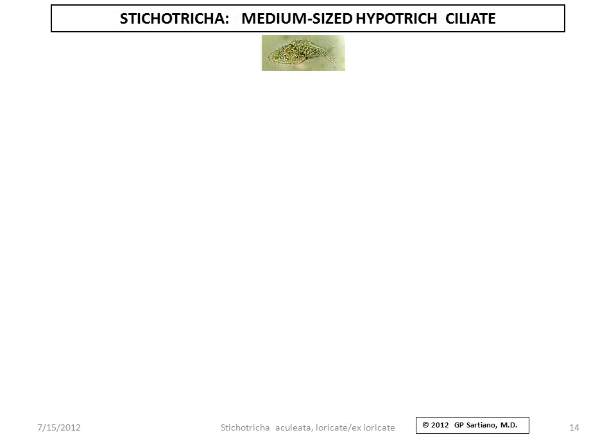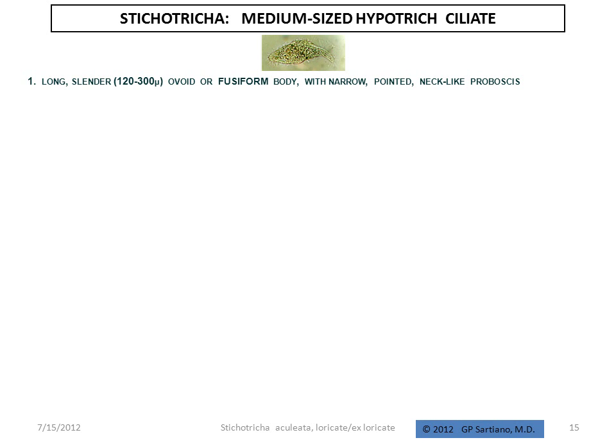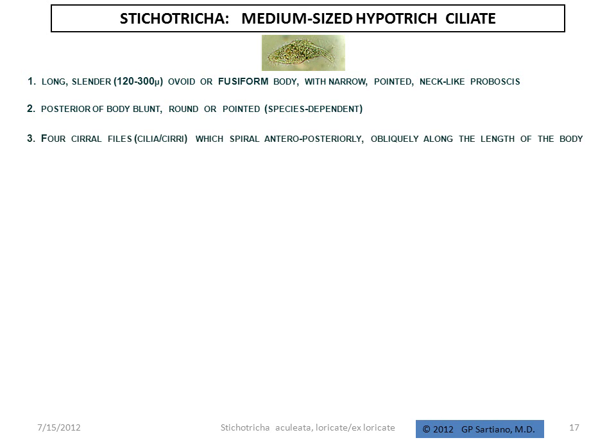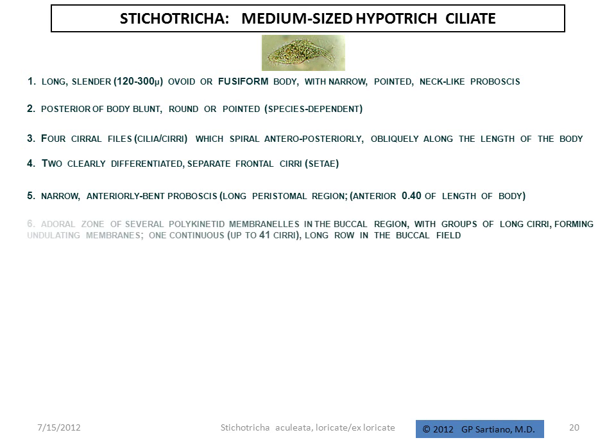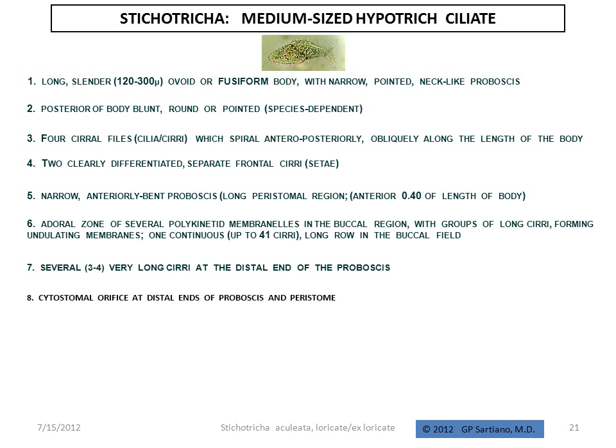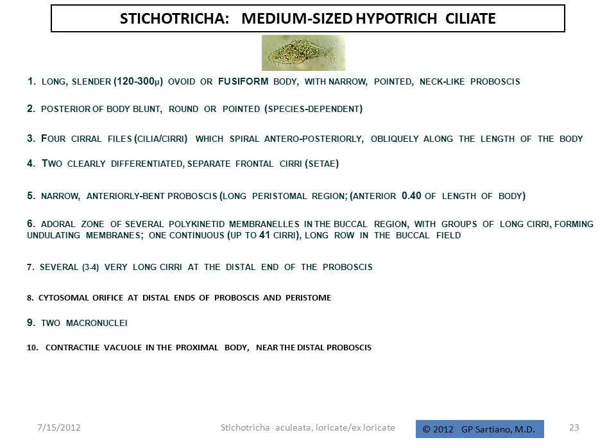Generally identifiable features of Stichotricha include a slender fusiform body, a species-dependent terminal shape, spiral cirral files, frontal setae, an anterior proboscis, an AZM or adoral zone of membranes, a cytostomal orifice, macronuclei, and a contractile vacuole.